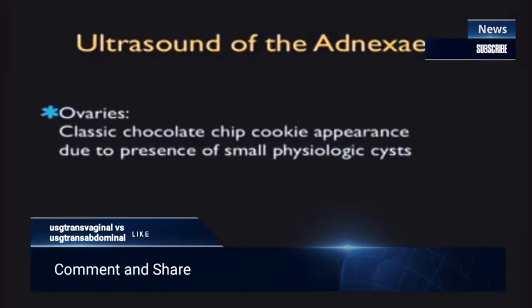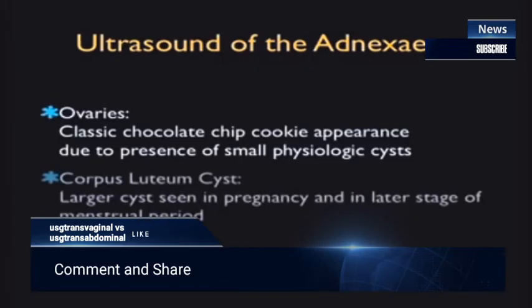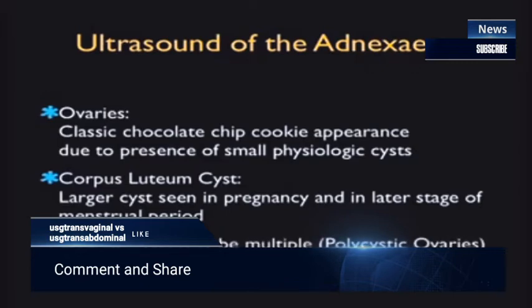What are we looking for when we examine the adnexa for the ovaries? Well, the ovaries classically have, on ultrasound imaging, a chocolate chip cookie appearance due to the presence of small physiological cysts or follicular cysts. We may be able to visualize a larger cyst known as a corpus luteal cyst, a larger cyst that's seen in the later stages of the menstrual period or also in pregnancy.